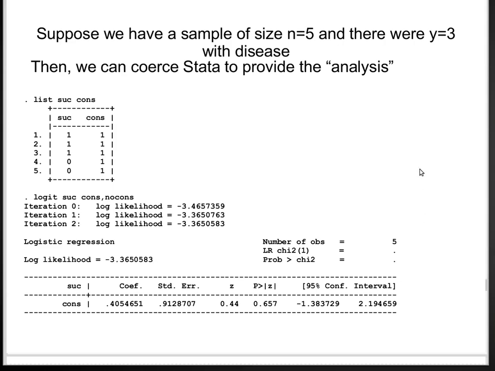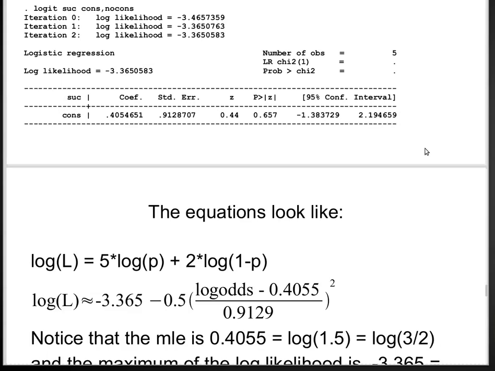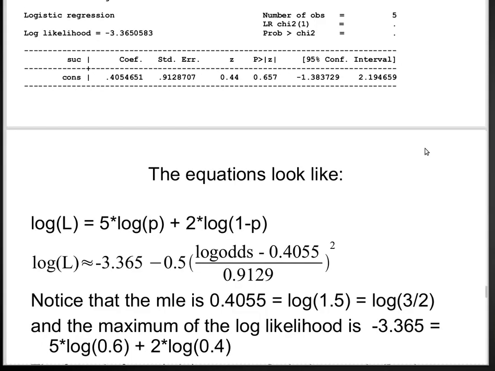All based on the approximating parabola. This number, 0.405, is an estimate of the logarithm of the prevalence here. It is the MLE.